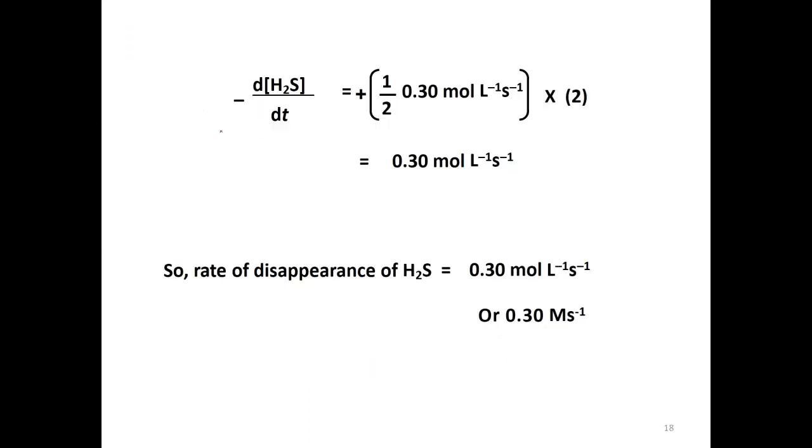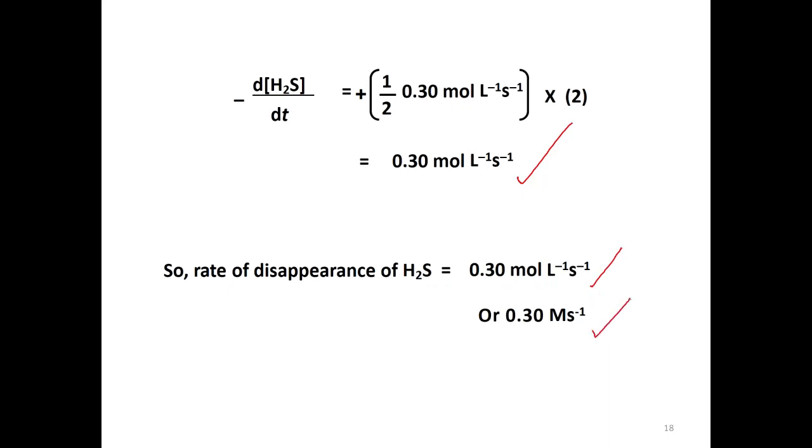Okay, so you can write this one as positive 1/2. Then you can substitute the 0.3 here, multiply with 2, and finally you will get this one. So the rate of depletion of hydrogen sulfide is this one.